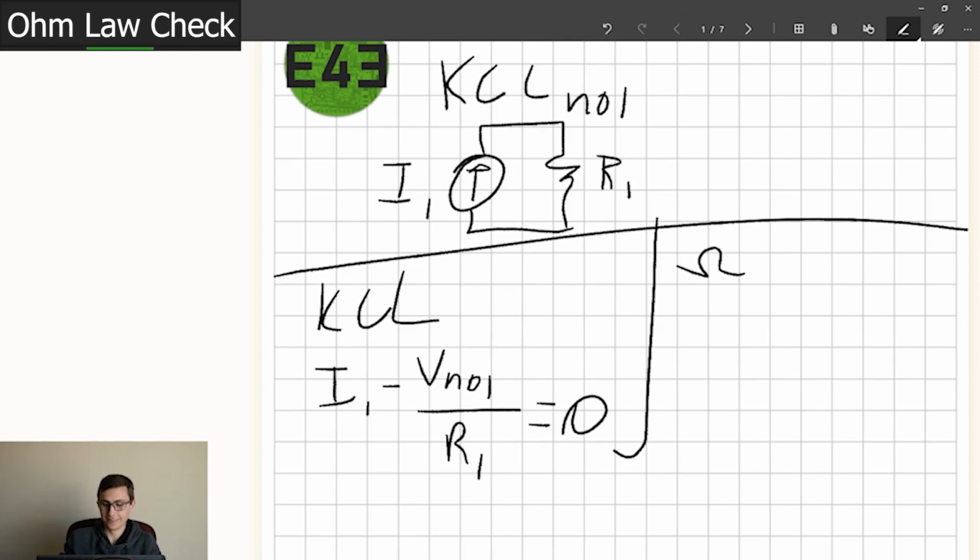There we go. So this is the voltage applied across the resistor divided by the resistance, which is a current. It's effectively a current.